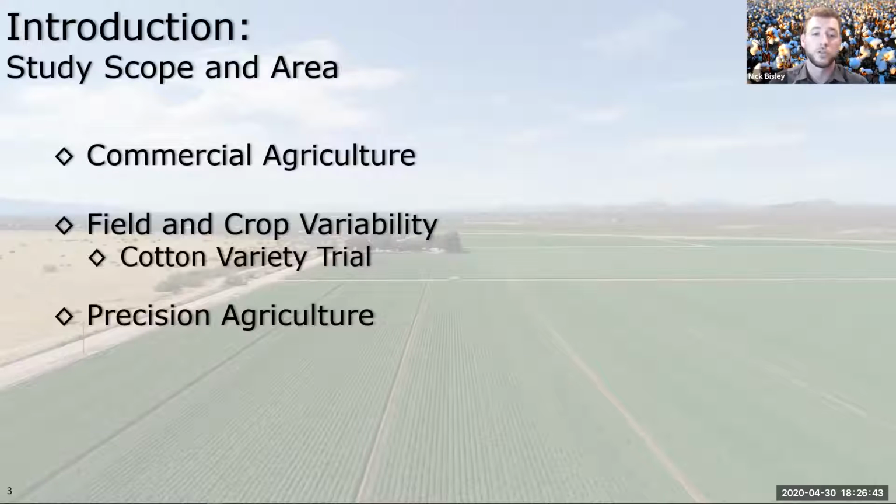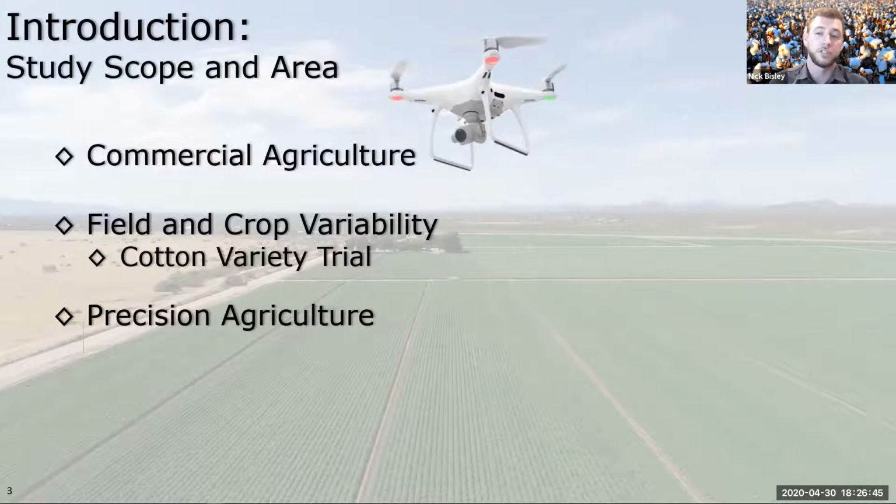And one tool that has been increasingly beneficial in recent years is a drone. We'll get into that, but it's a very effective tool to cover large areas of land that is very difficult to do manually.